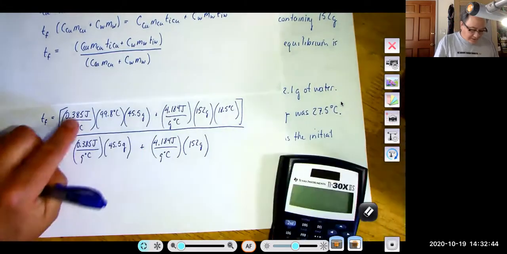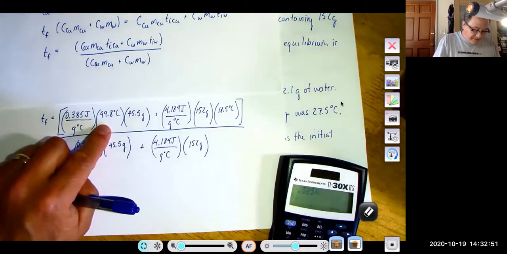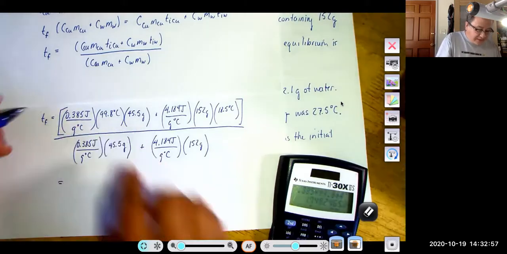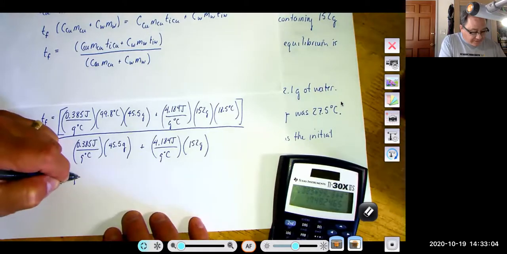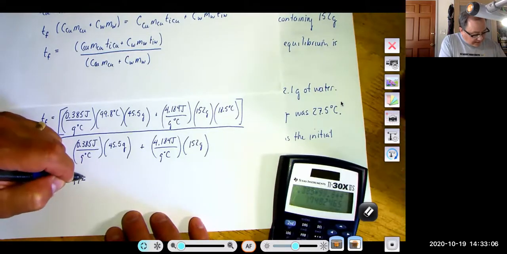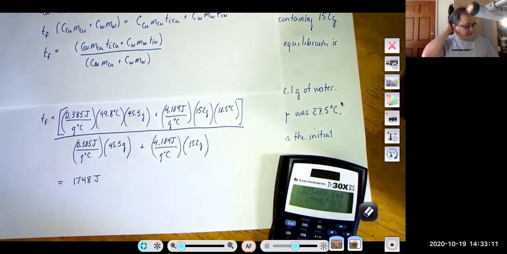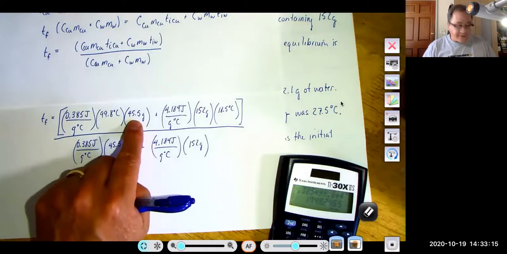So this piece up here is 0.385 times basically 100, and then times 45. So for this value here, I get 1,748 joules. Okay, so here 100 times 45 is 4,500, right?